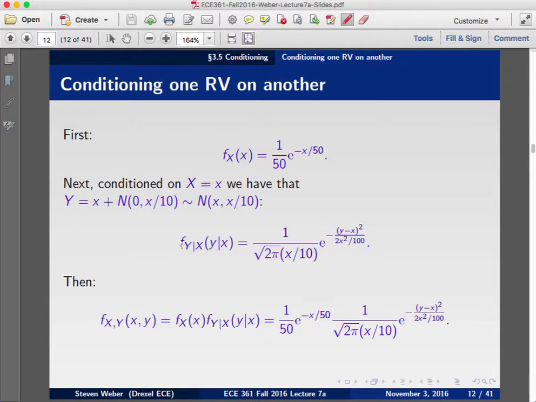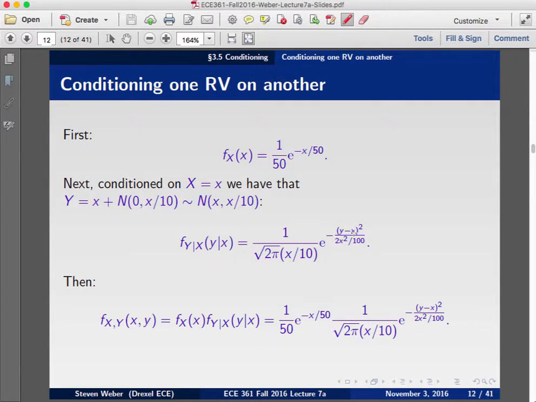The probability density function for the measured speed y given the actual speed x is the normal distribution, and you recognize this form from last lecture, where the standard deviation, often denoted by sigma, is now x over 10, and here's an x over 10 squared, and the mean is x, often denoted by mu in our previous notation.